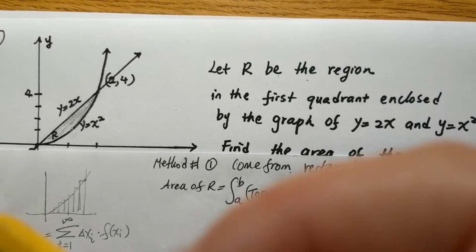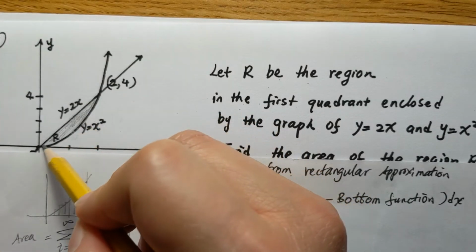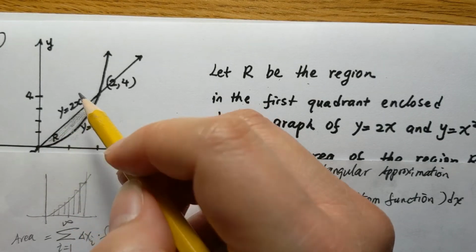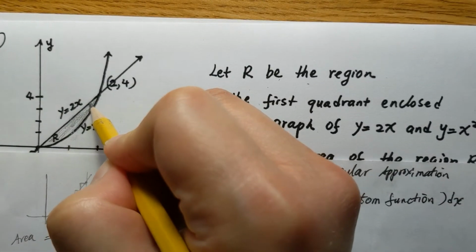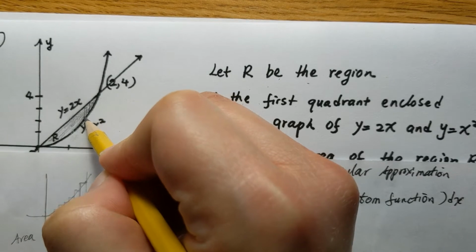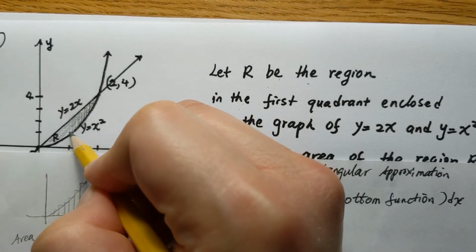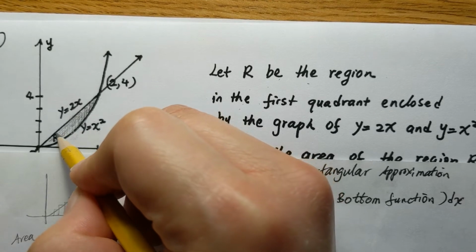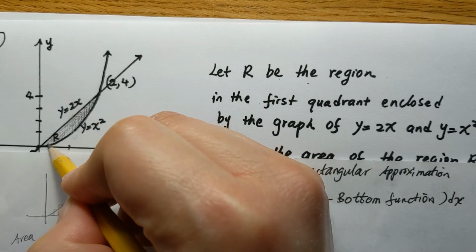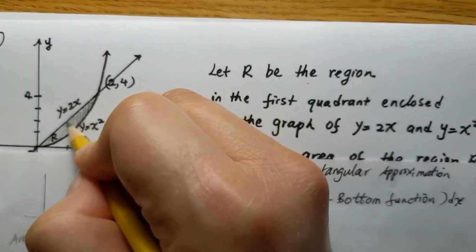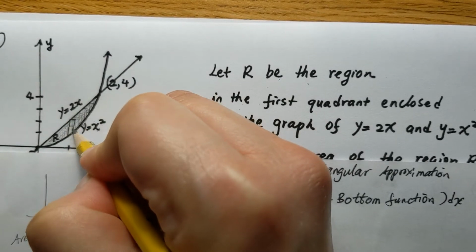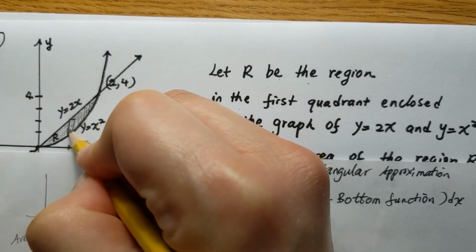So let's take a look here. We have the region R. If I draw infinitely many rectangles and at the end add them together, it will equal the area of R. I'm going to draw one so you can see it.